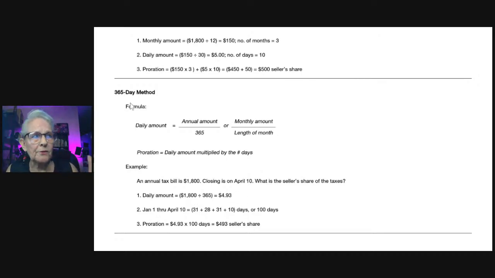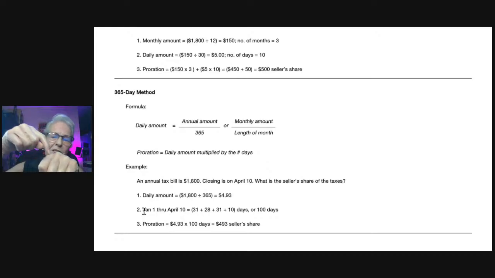This is on a 365-day method. So January 1st through April 10th, you go by how many days each month has. January is 31 days, February, leap year 28 or 29, and then March is 31, and then April is a 30-day month, but we only need 10.